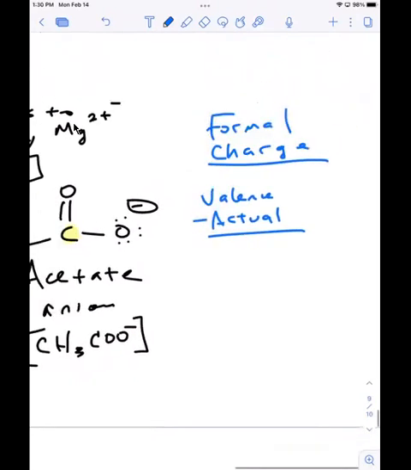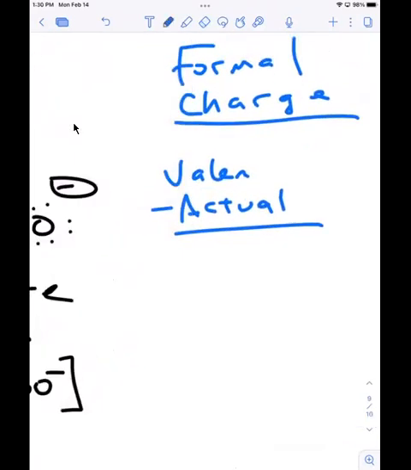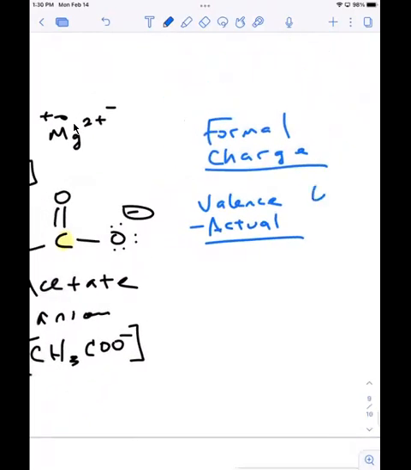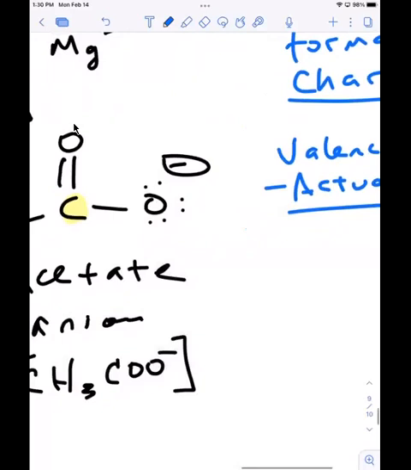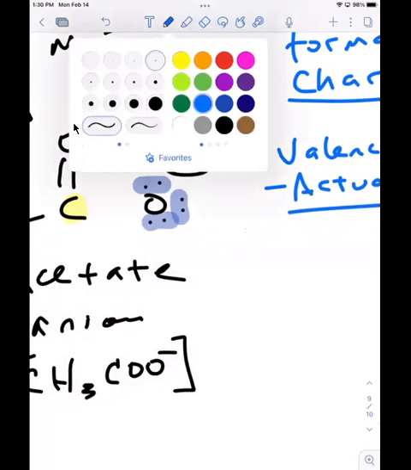That's great. All right. So valence for oxygen, if you look on the periodic table, oxygen is in group 6. So the valence electrons would be equal to 6. All right, and this is for oxygen. So valence is 6, and then actual is, you have 3 lone pairs, 1, 2, 3. So that's 6 electrons, and then that covalent bond right here is actually a shared pair of electrons between carbon and oxygen.